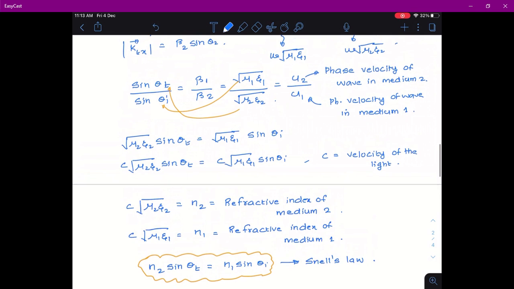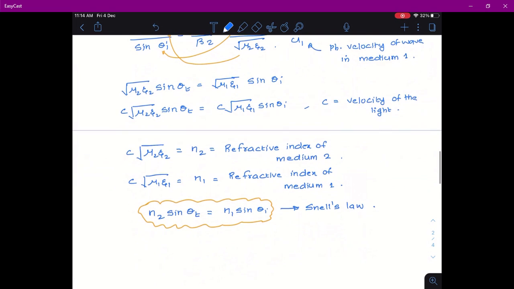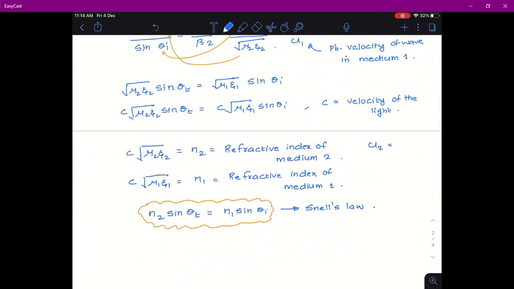So we have already seen that the ratio of velocities of the two media is dependent on the incident angle. So we can also define u2 as 1 by root over mu 2 epsilon 2 and u1 is equal to 1 by root over mu 1 epsilon 1.